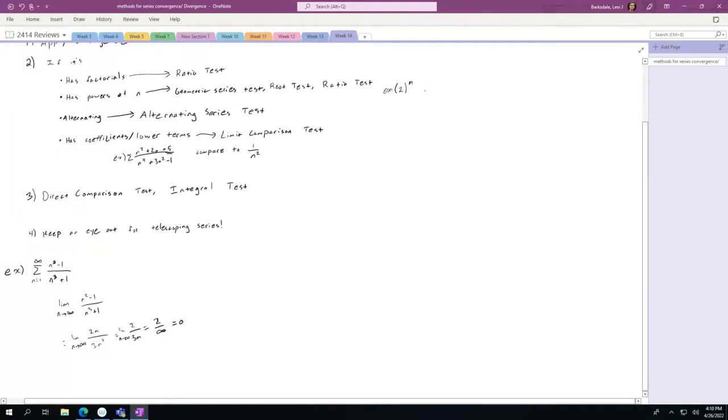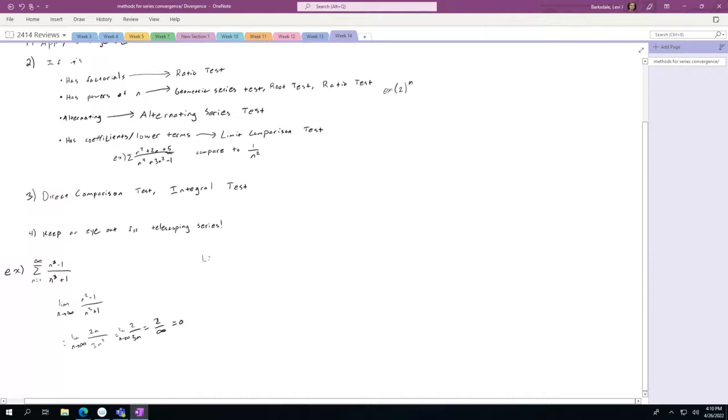It has n's with some powers. Is it alternating? No, it is not. Does it have some kind of coefficients or some lower terms? Yeah, it's got some -1, some +1. Those are lower terms. So let's see if we can come up with a good limit comparison test.